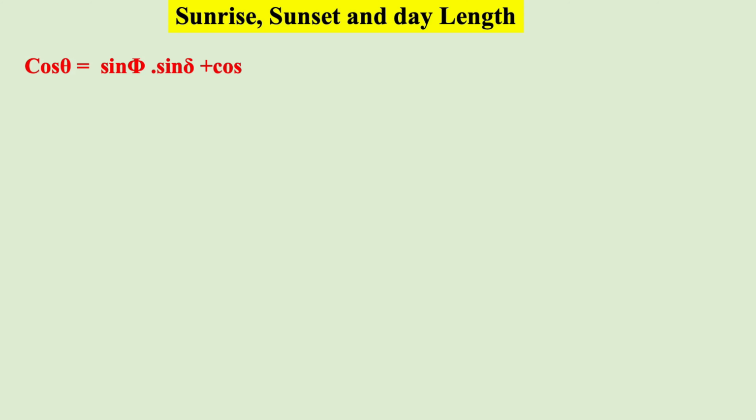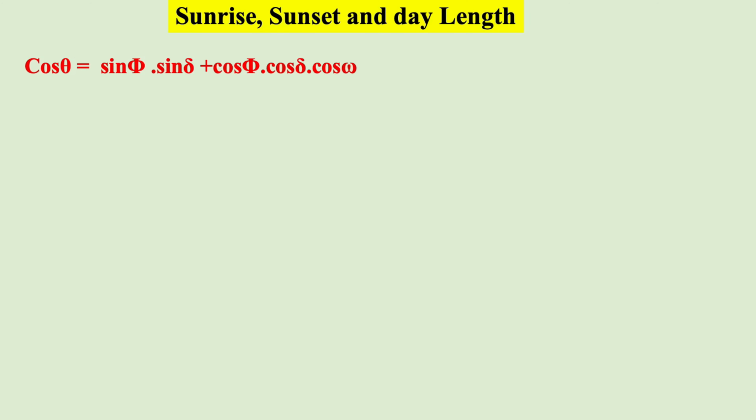Now we have to proceed further to derive an equation for sunrise, sunset and day length. Reproducing the equation of angle of incidence for a horizontal surface, as we are already aware of it. In the discussion previously we concluded that the rays are parallel to the horizontal surface, and hence the angle of incidence at the time of sunrise is 90 degrees.